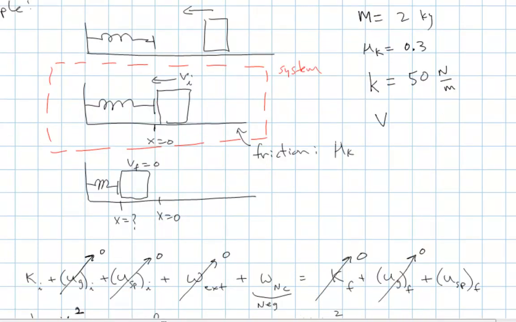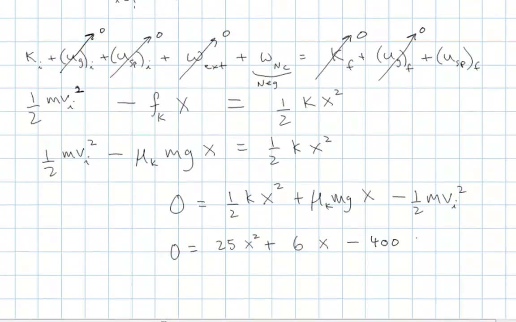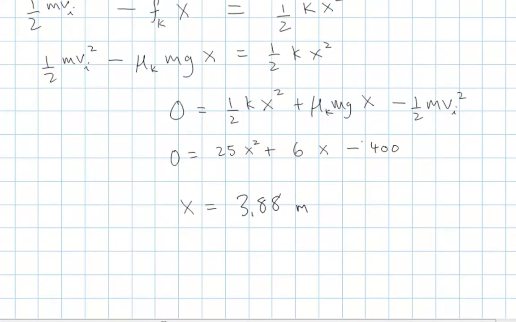And the initial speed of our object, the initial velocity, is 20 meters per second. So using my quadratic equation, I get x is 3.88 meters.